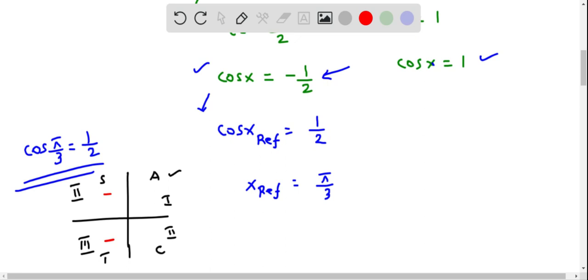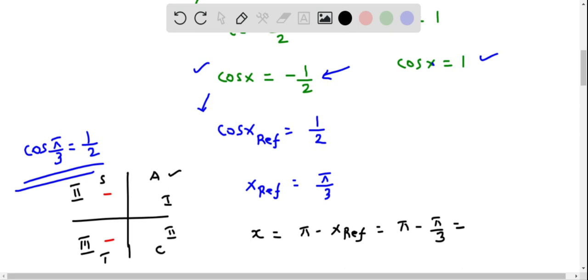If it lies in the second quadrant, the actual angle, which we can call x, equals pi minus the reference angle, pi minus x reference. So pi minus pi by 3, when you simplify, gives 2 pi over 3. This is one of the angles.